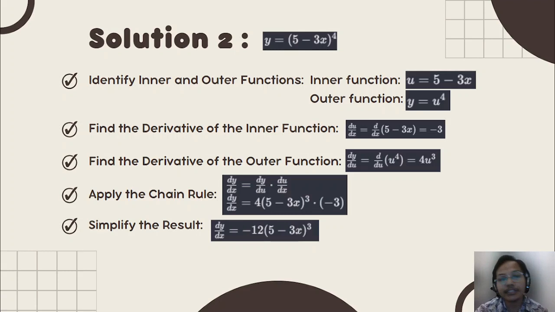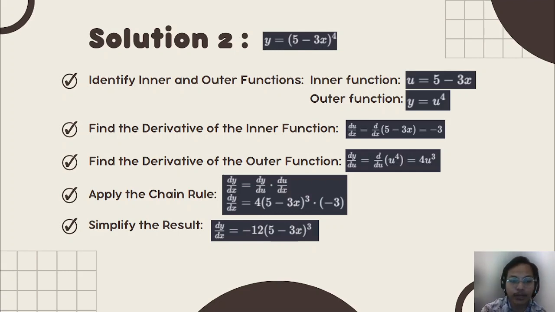And then find the derivative of the outer function. dy/du of u^4 equals 4u^3.